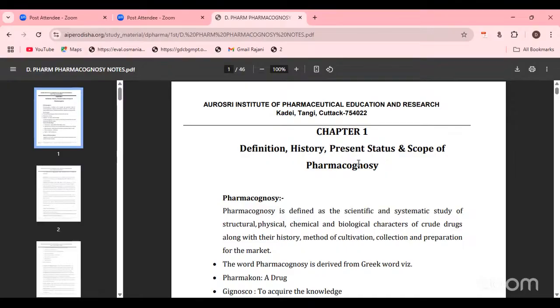Pharmacognosy is defined as the scientific and systematic study of structural, physical, chemical, and biological characters of crude drugs, along with their history, method of cultivation, collection, and production.